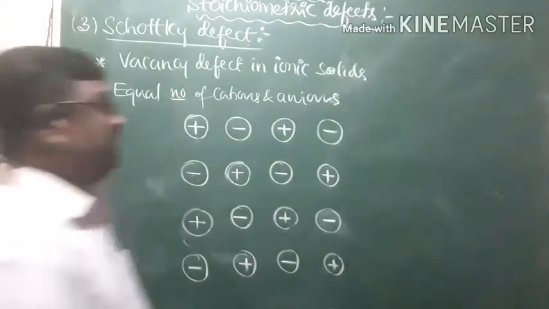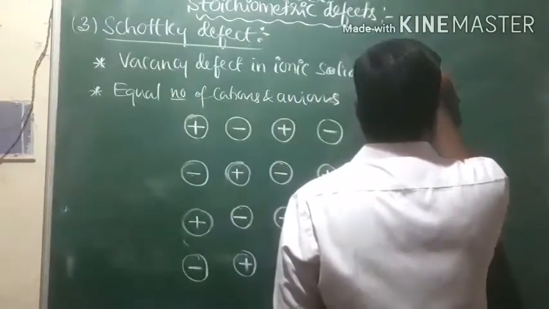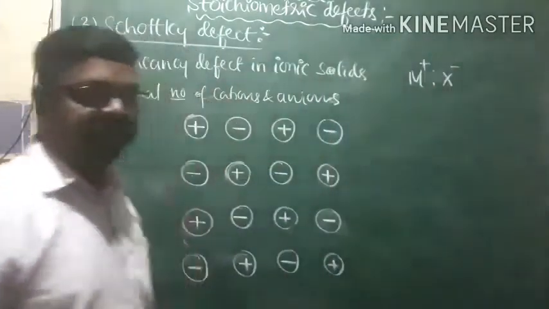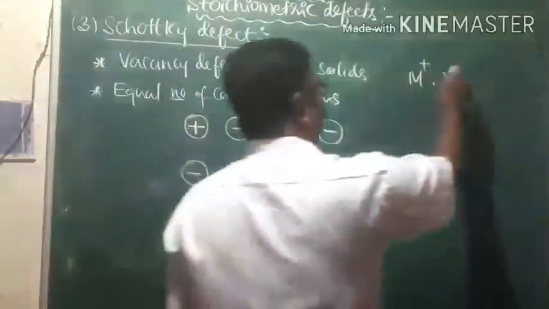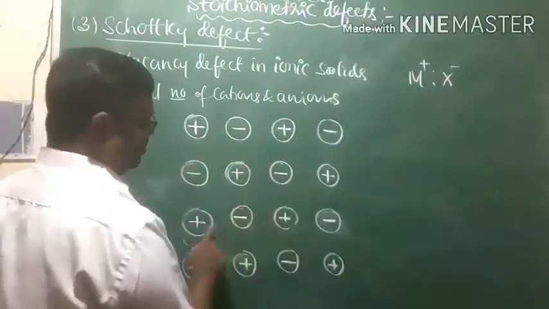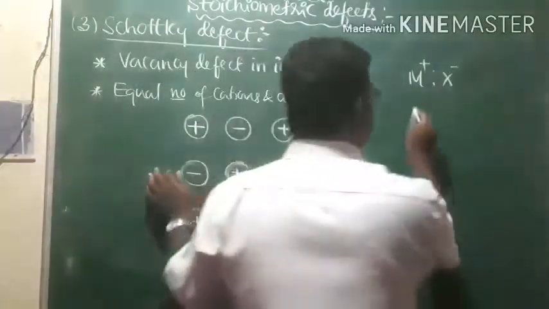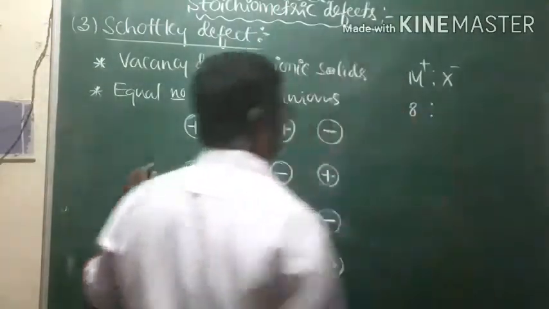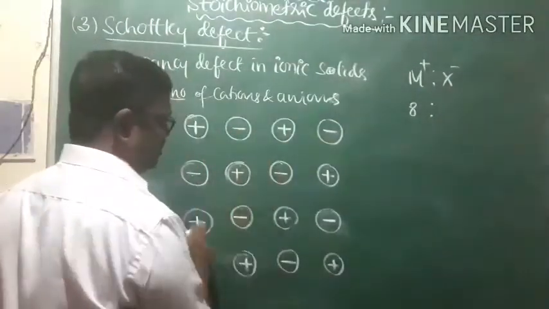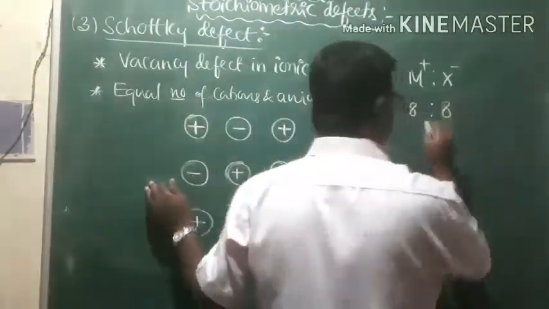Just observe, in this particular case, the ratio of the number of cations to anions. The number of cations will be 2 plus 2 plus 2 plus 2, that is 8. The number of anions will be 2 plus 2 plus 2 plus 2, that is 8.